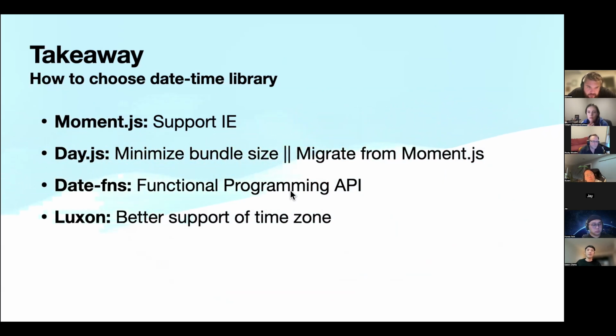Or, I didn't mention it here, but if you are a fan of functional programming API, date-fns is the only one that supports this style of API, so you can go with date-fns. And the final option, Luxon, has better support for the time zone, which meets my requirement for this project. So my final go-to solution is Luxon.